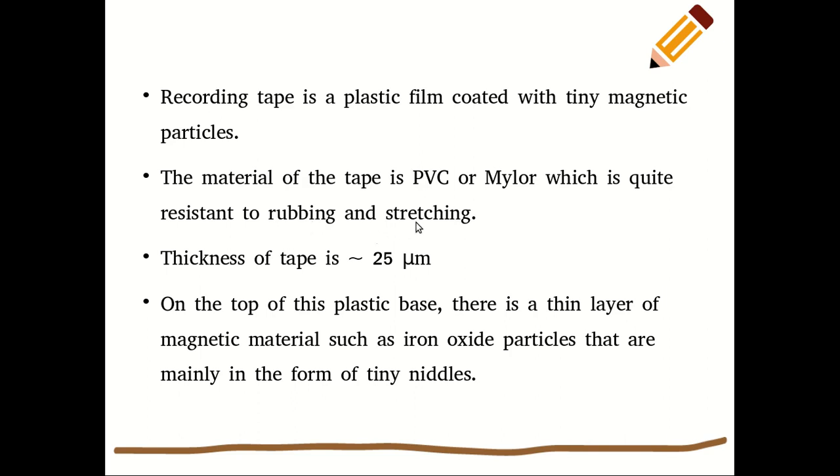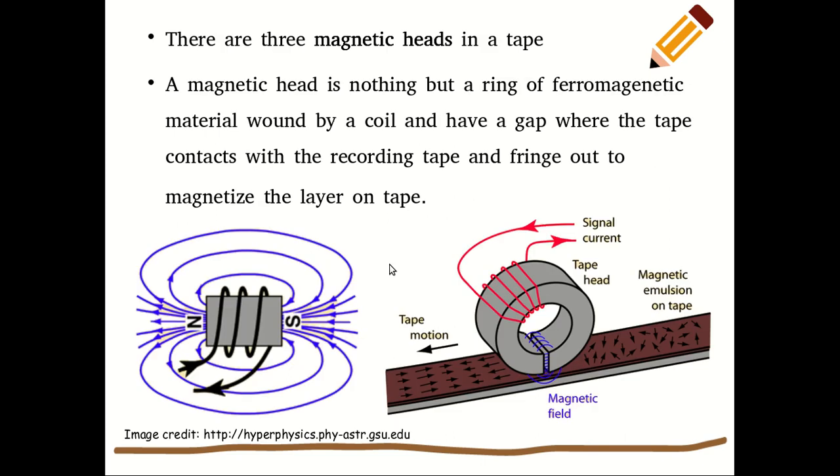So a recording tape is a plastic film coated with tiny magnetic particles, mainly iron oxides. These particles are in the form of tiny needles. The thickness of the tape is about 25 micrometers.